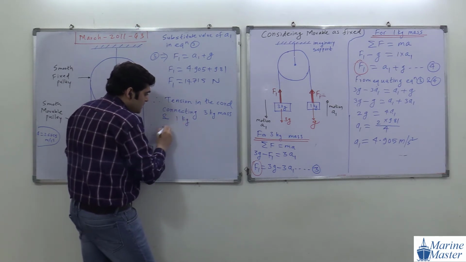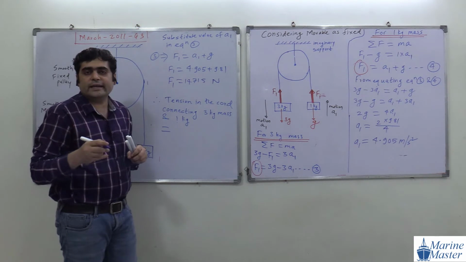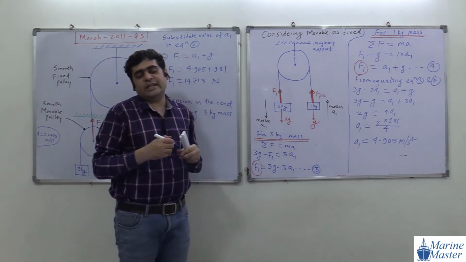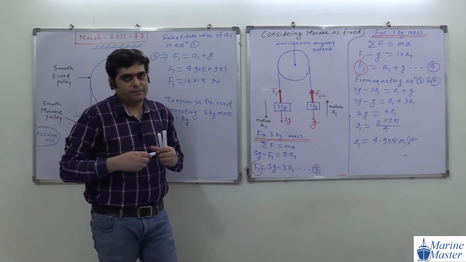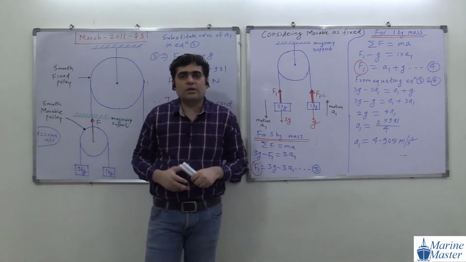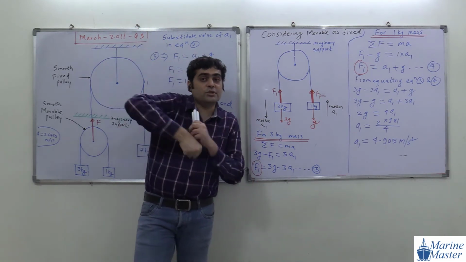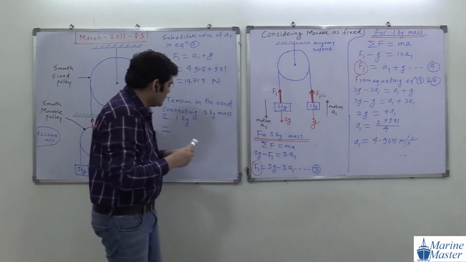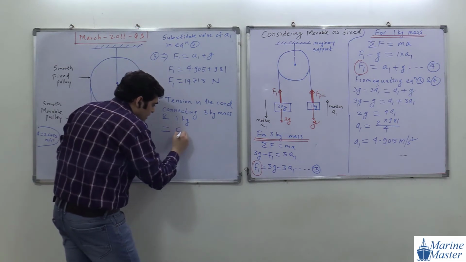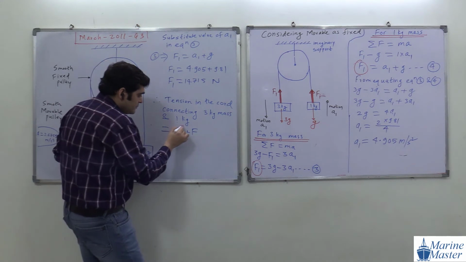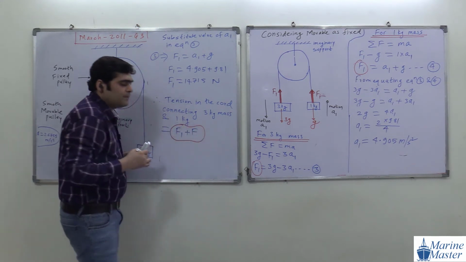If this movable pulley is stationary, the tension will be F1. But actually this movable pulley is moving. So F1 is there, and which force is responsible for that movement? F. So the tension will be F1 plus F. You got this point, guys.